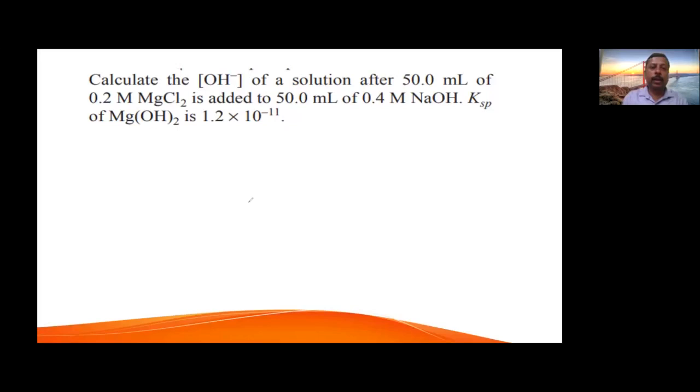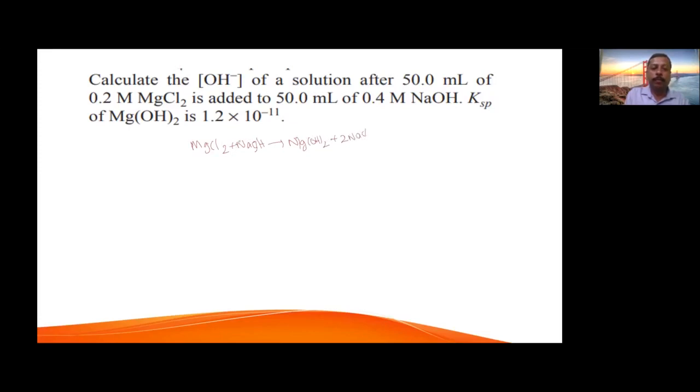Next question. Calculate concentration of OH minus in solution after 50 ml of 0.2 molarity MgCl2 is added with NaOH. What is it going to form? Mg(OH)2 plus 2 NaCl.